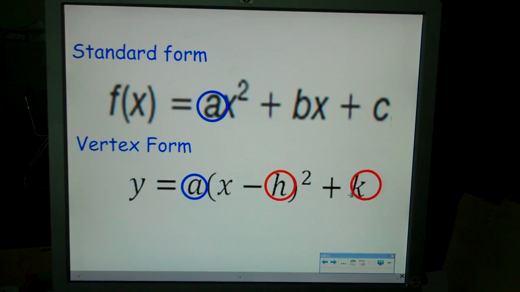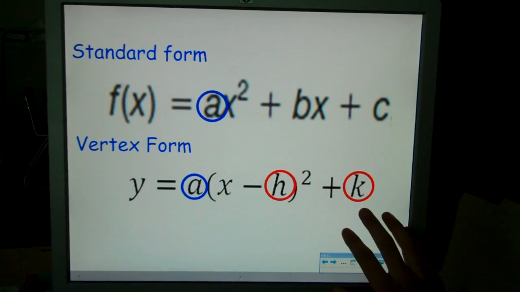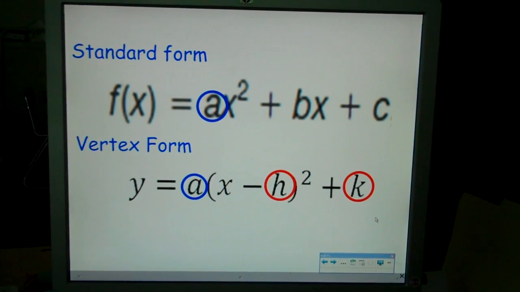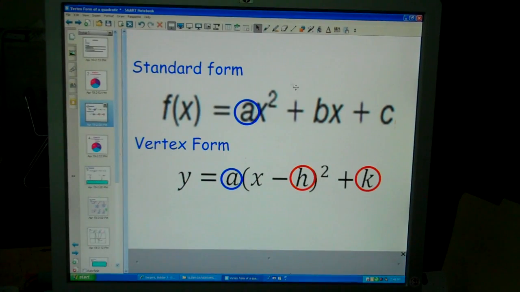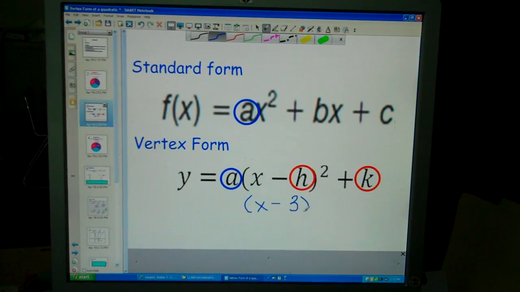All right. The important variables here, well, they're all important, but the ones we're going to focus on are h and k, because that's going to give us our actual vertex. If you're given a quadratic in vertex form, it's very easy to pull out what the vertex is. It's just simply h and k. So this is x minus 3 squared plus k.